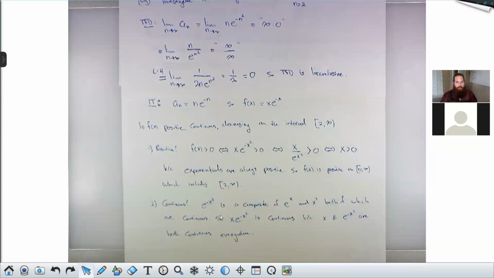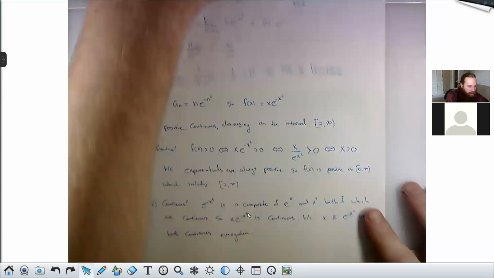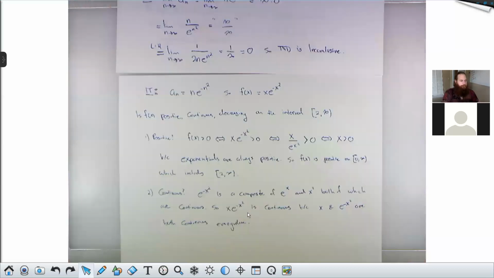So the composite e to the negative x squared is continuous because it is a composite of two continuous functions. And x e to the negative x squared is continuous because this piece is continuous and this piece is continuous, and the product of two continuous functions is continuous. So yeah, this function is continuous not just on 2 to infinity, but everywhere.